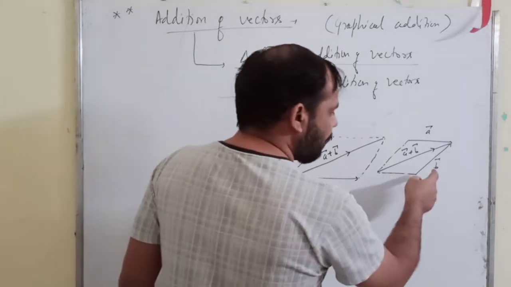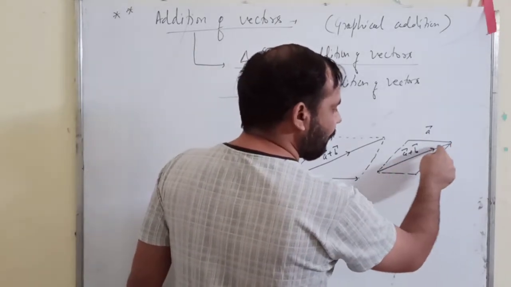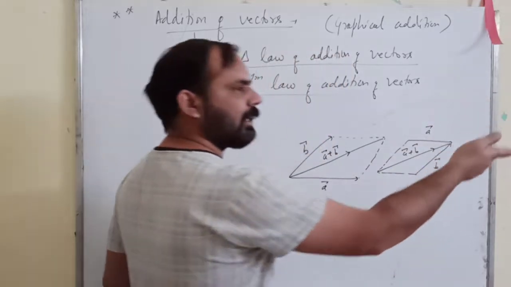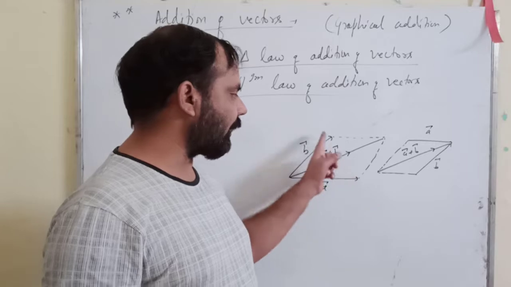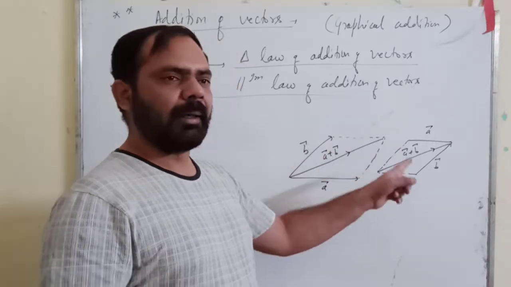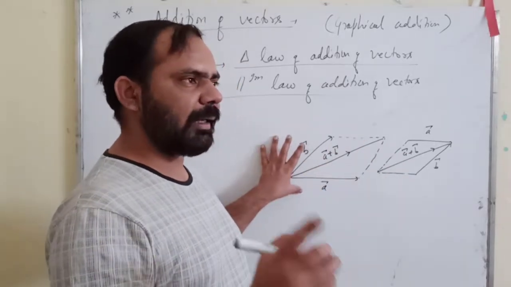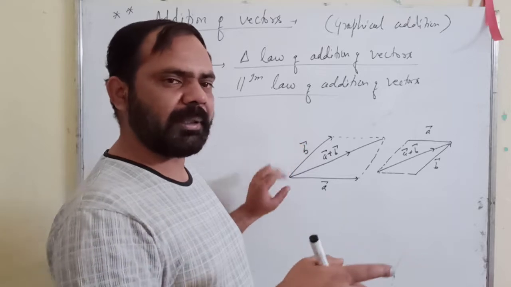If your vectors are co-terminal, then the terminal point of your resultant vector should be the same as the co-terminal point, not the other vector. You cannot draw this one. Okay, sir. If your vectors are co-initial, then the initial point of the resultant should be the same point.